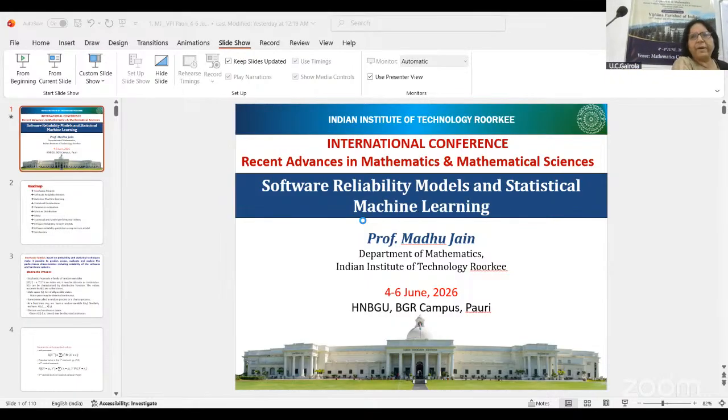So what is software reliability? Actually, we are taking the probability of failure-free software subject to some specified conditions and for a given interval. There is a little difference between hardware and software reliability. In software reliability, we are also concerned about the environment in which the software is working.